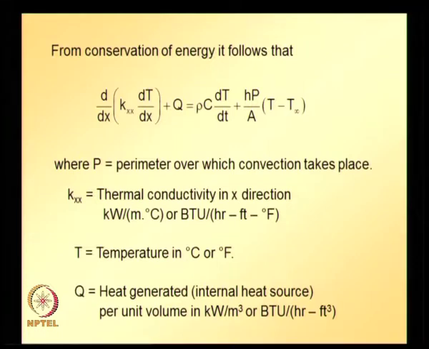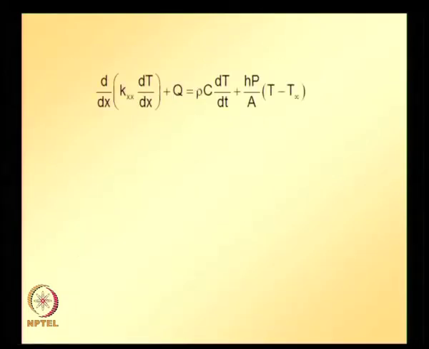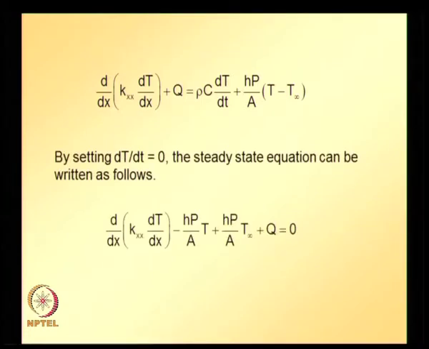So now in this differential equation, if we set the derivative of T with respect to time equal to 0, that is by setting dT over dt equal to 0, the steady state equation can be obtained, which is shown there.